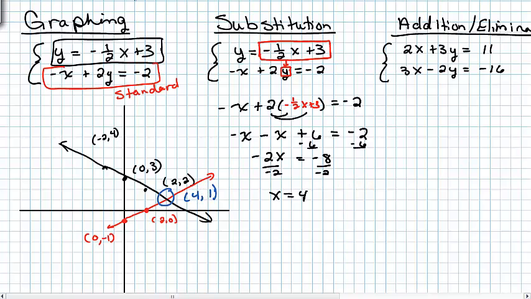And then take what we got for x, 4, and I'm going to plug it back up into the x in the first equation. You could plug it into this x if you prefer. So that will give me y equals, now I'm plugging this 4 into this x, so negative 1/2 times 4 plus 3.